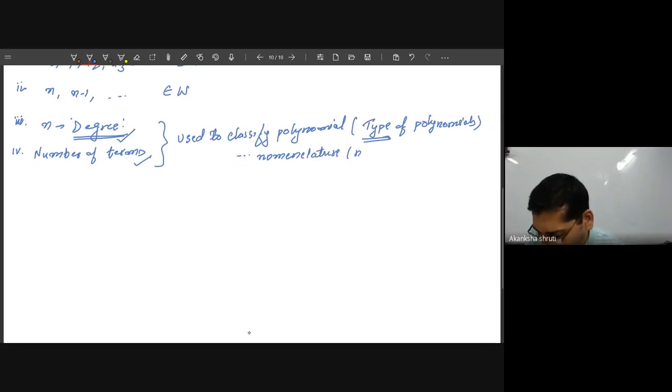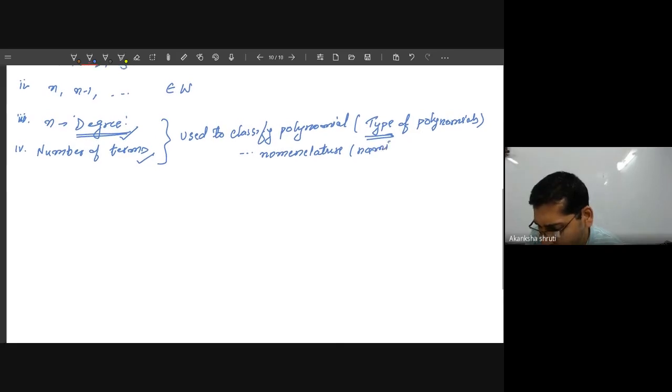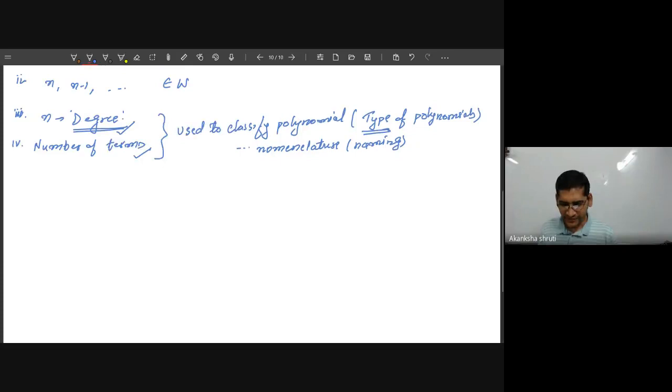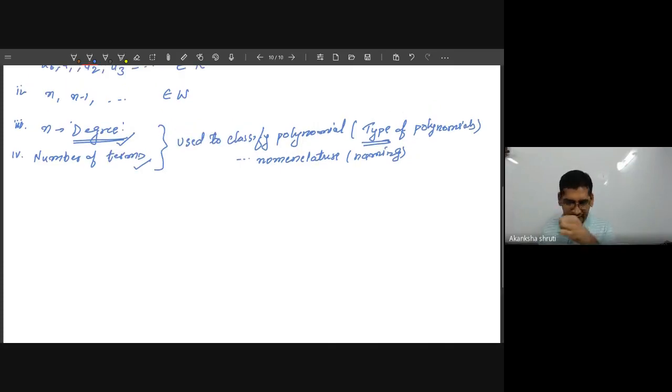Nomenclature means naming. Like you are getting your name from your parents. In a similar way, a specific kind of polynomial is given a specific name. And this name should be internationally acceptable, or at least at the national level it must be acceptable. It should not be that whatever we are learning is named by something else in Delhi. No.